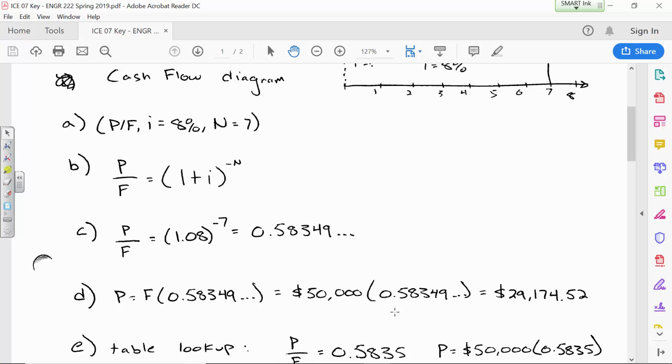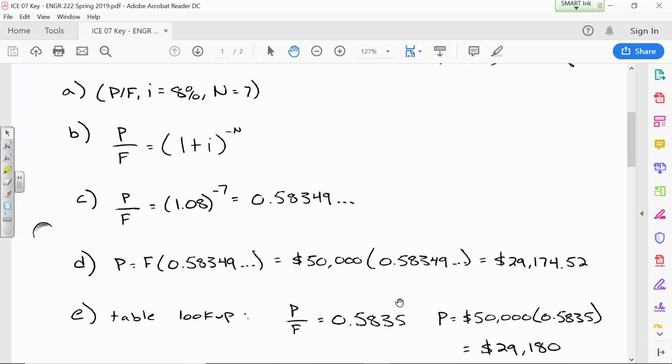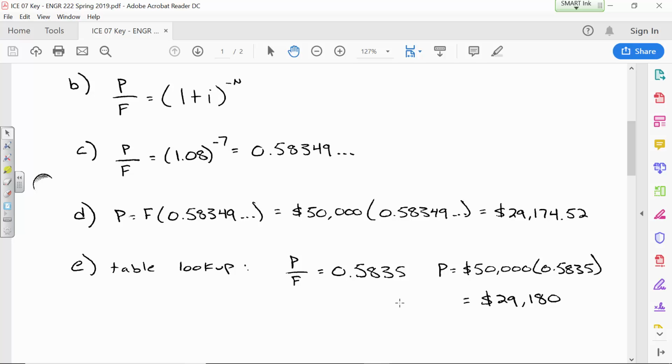In part D, it's asking, so what's the actual amount? What is P? So P is F times that factor. So 50,000 times 0.58349, etc. gives us 29,174.52. So that is accurate to the nearest penny because I did it the equation method way. But if you notice, when we did it by the table lookup, that factor that's on the table is only 4 digits long, 0.5835.